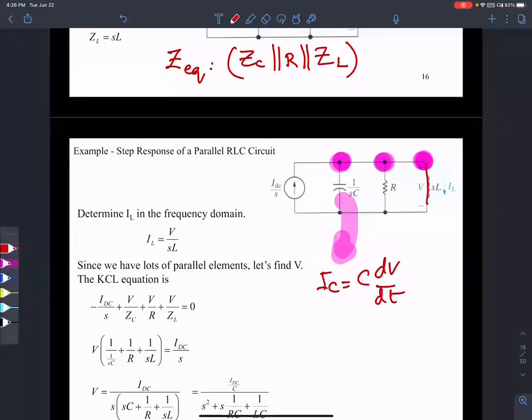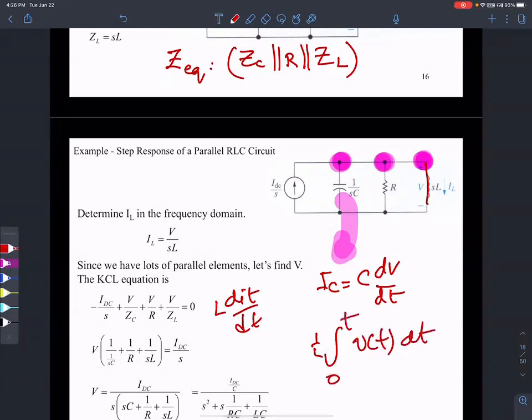The current in this guy was the integral of 1 over L, V of t dt, from 0 to t, right? That's the current in the inductor, from L di by dt.